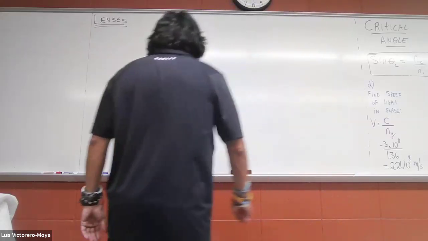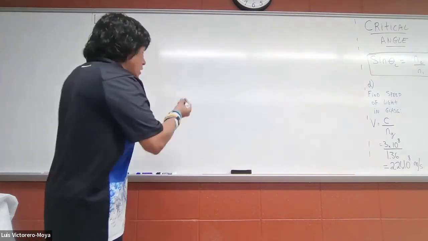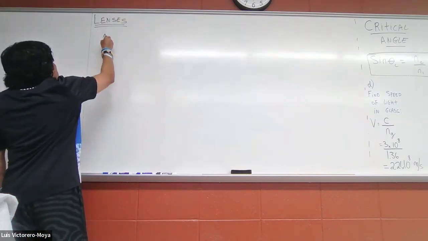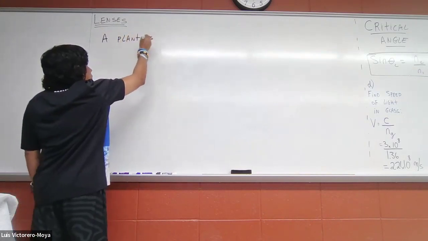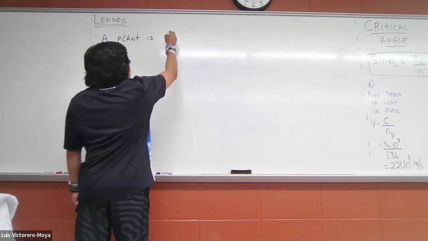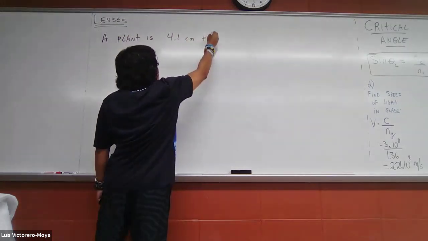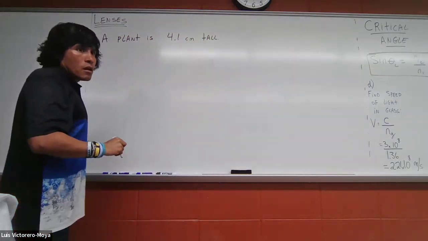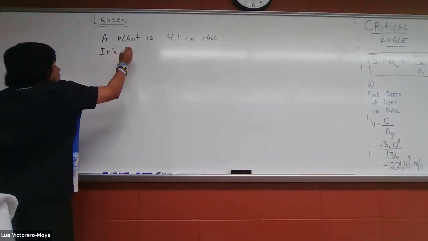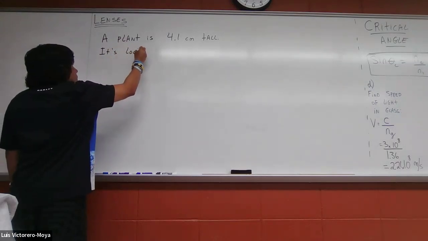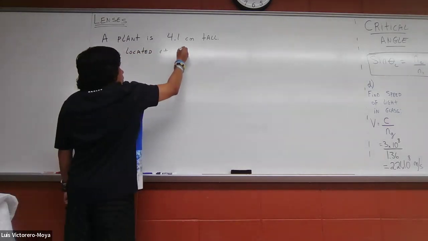All right, this one here. It says you have a plant that is 4.1 centimeters tall, and it's located at 10.3.